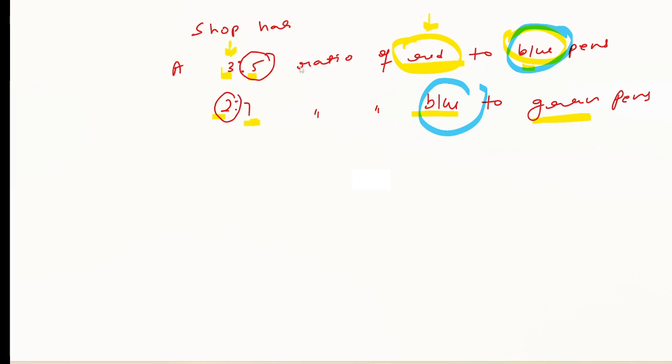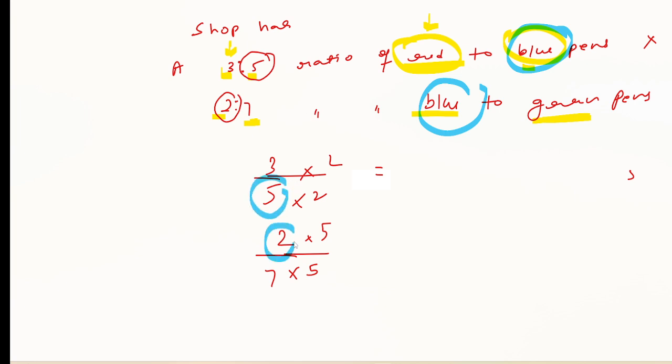So how can we make both of them equal? I have to make blue equal in both ratios. One is 5, the other one is 2, right? So if I multiply the first ratio, 3 over 5, with 2, and the second ratio, 2 over 7, with 5, I'll get the same, because I have to make this 5 and this 2 the same, right?